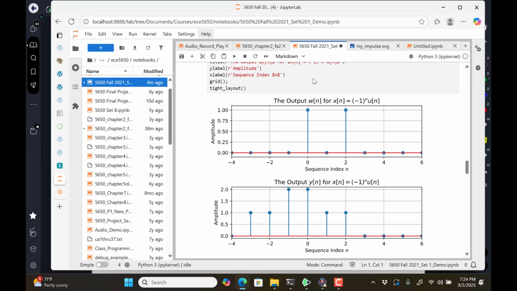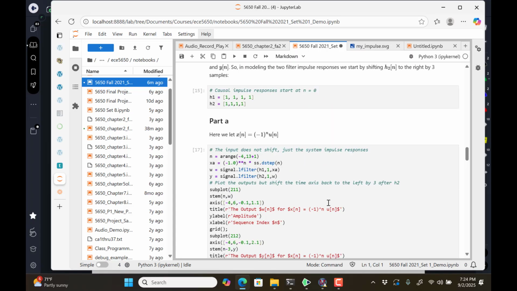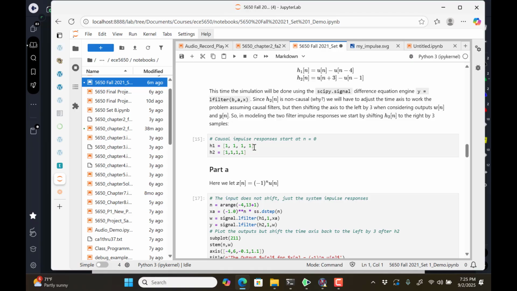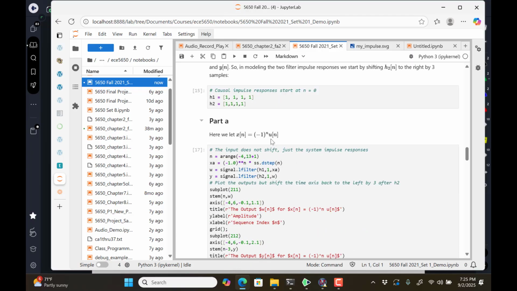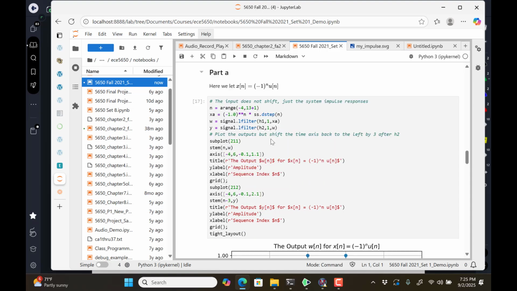In this case, what the filter is doing is it's mimicking an input, and it's giving me 2 copies of it at the output. So these were the 2 filters that are used, and then the input in this case, I believe, was a -1 to the n, which is an alternating sequence.